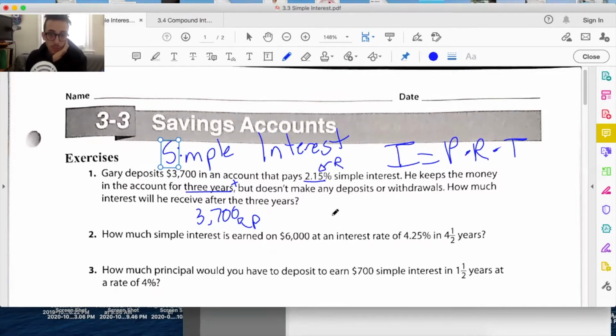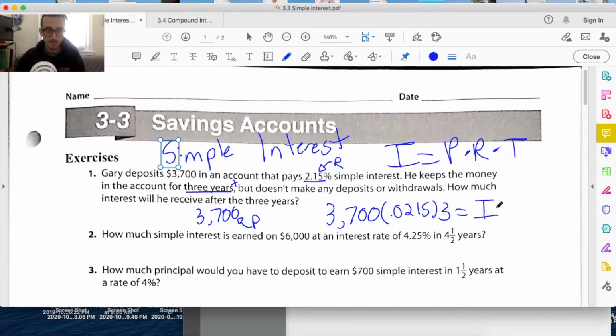All right, pretty simple with this. We have our principal, which is 3,700, our rate, which I'm going to convert to 0.0215. This is happening over 3 years, and that should then kick out my interest over that time. Luckily, this problem isn't asking us to get a hold of the balance after 3 years. It's just asking us to get a hold of the interest.